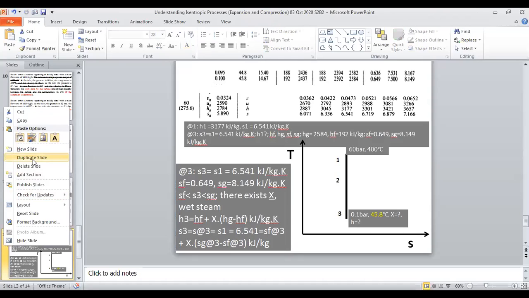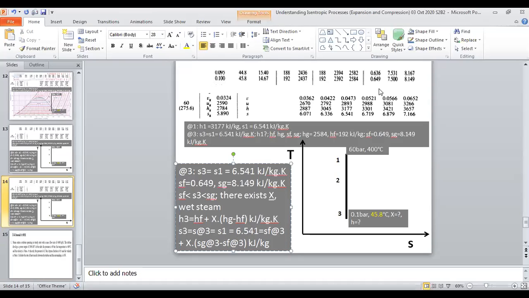Going to the duplicate of this, now I can substitute here: 6.541, and Sf at 3 is 0.649.